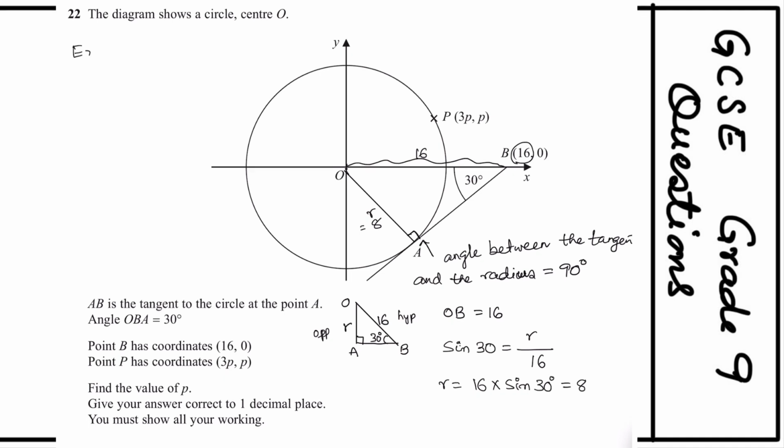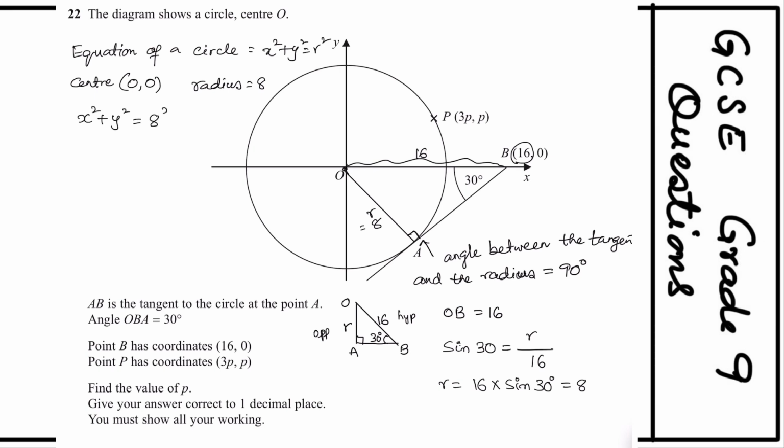Now write down the equation of the circle. The equation of a circle with the center 0, 0 is x squared plus y squared equals r squared. So the center is 0, 0 here and the radius is 8. The equation will become x squared plus y squared equal to 8 squared. x squared plus y squared is 64.